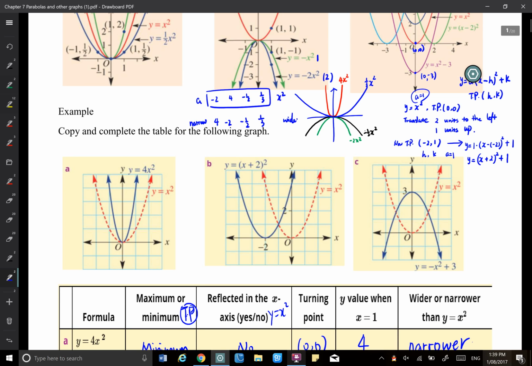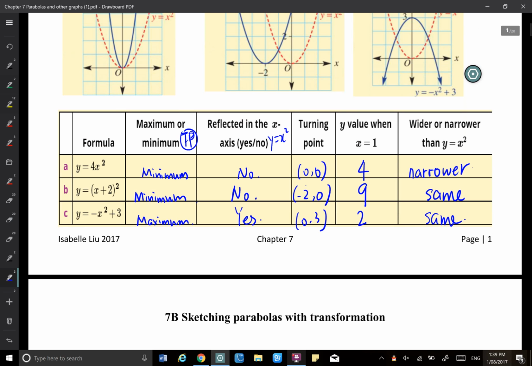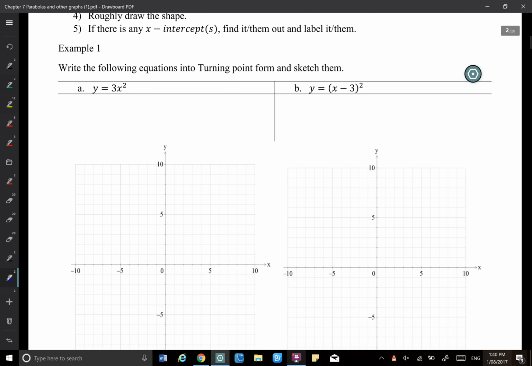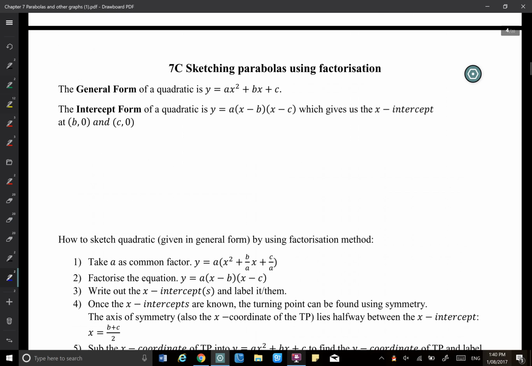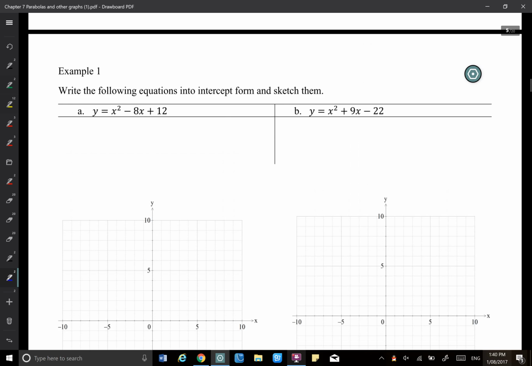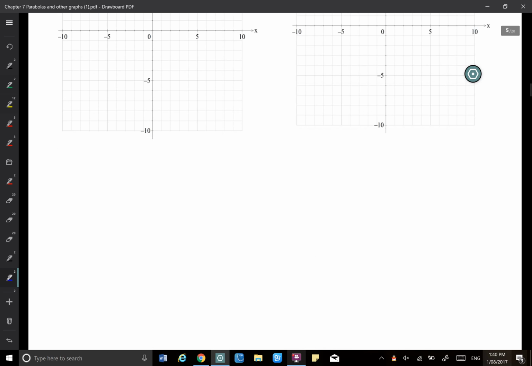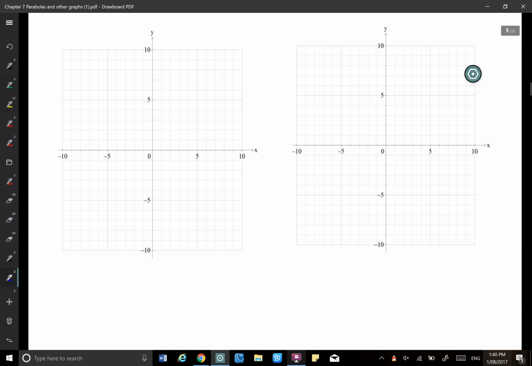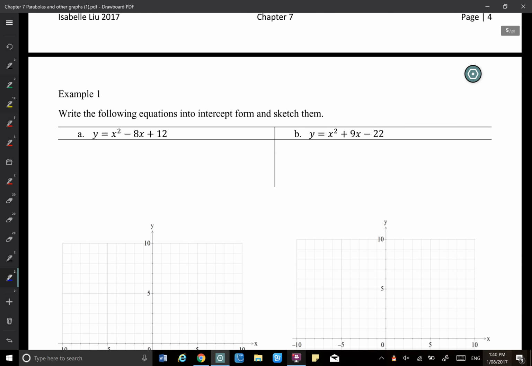So the next one, we'll try to sketch. I may not really think about the sketch for today. So can you turn your page to page 5 for me, please? What I want you to do is remember what we have learned in chapter 5.